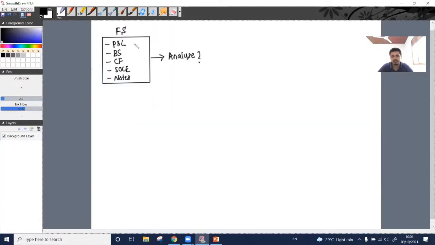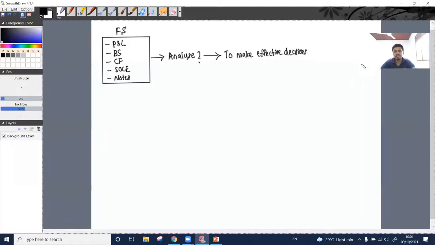Why do we perform analysis based on these financial statements? To make effective decisions.